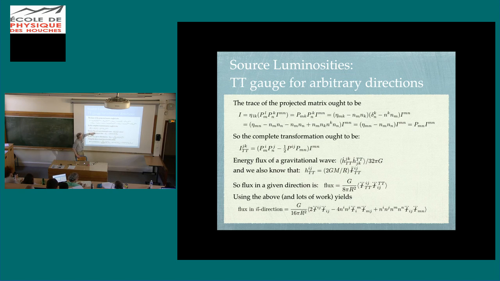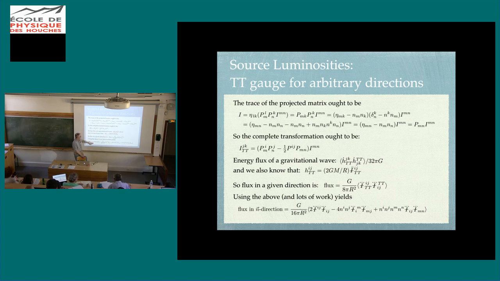Okay? So the energy flux of a gravitational wave is this. We also know from our earlier discussion about getting the source of that. So flux in a given direction is going to be the transverse traceless version of this, and I've pulled the common factors out in front.